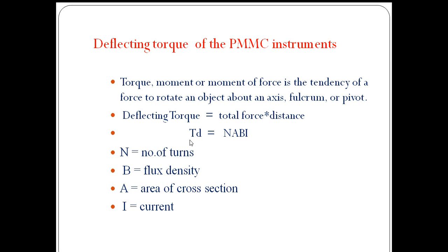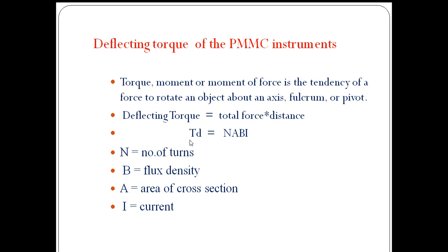So the deflecting torque will be given as force into distance. The expression for that force, according to the working principle, Lorentz law, is F equal to BIL, and the distance is the width of the coil.